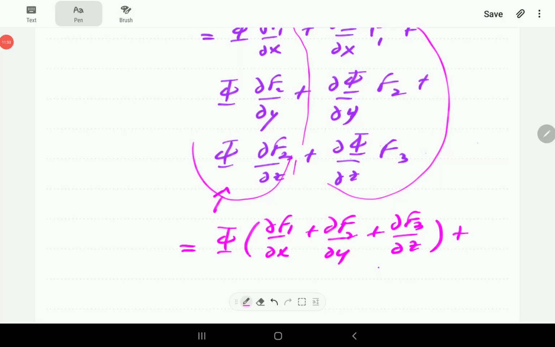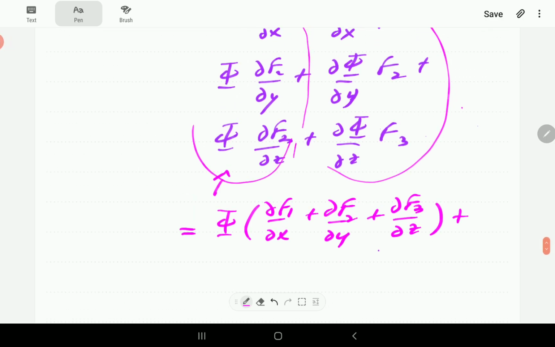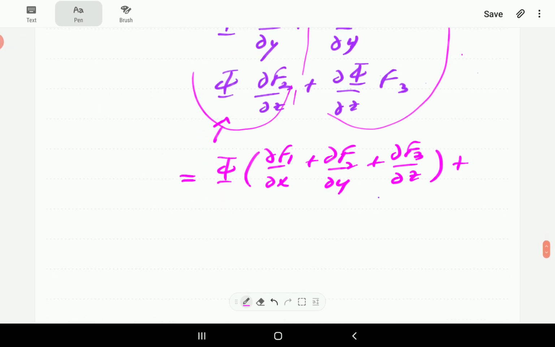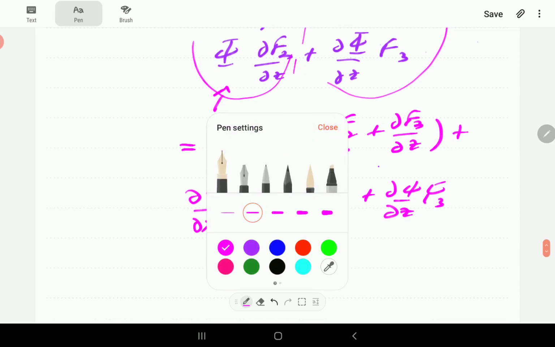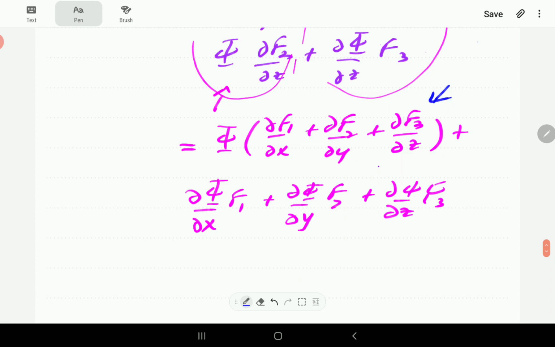And then from these other terms, let's just write them out as they are: partial phi partial x f1, partial phi partial y f2, partial phi partial z f3. Now this term here, you will recognize as just the divergence of f.